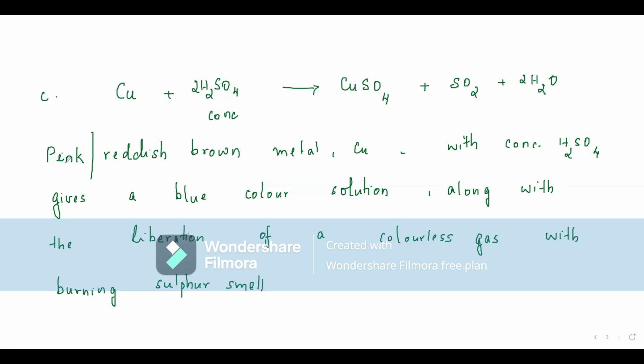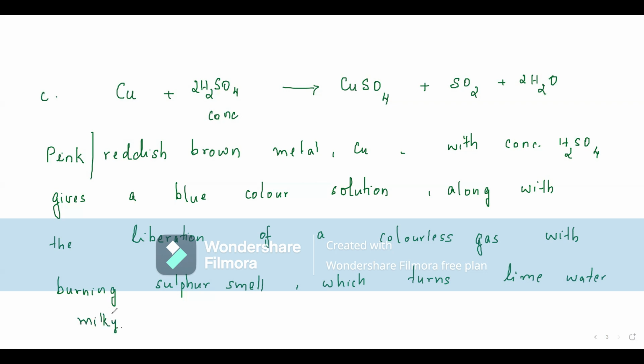So, pink or reddish brown metal copper when treated with concentrated sulfuric acid gives a blue color solution along with the liberation of a colorless gas with burning sulfur smell, which turns lime water milky.